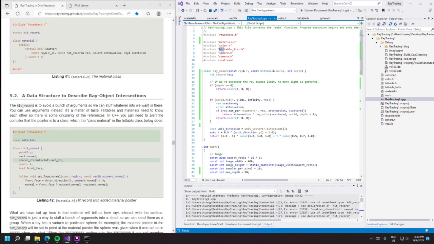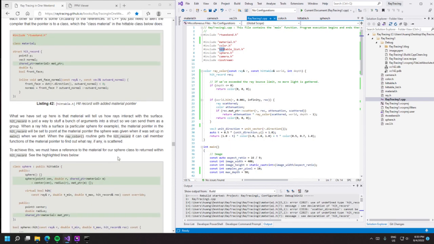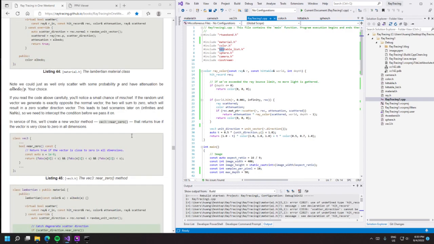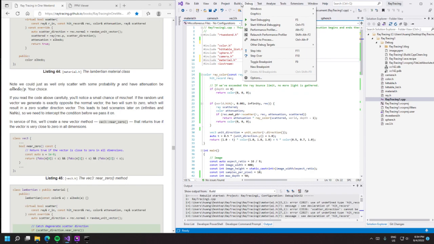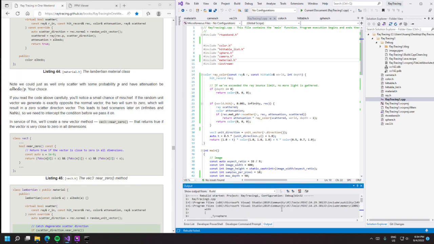Or did we not do anything to the main function? Oh, okay, that's okay. I knew it was a really stupid one. Well, there's still some problem, but it's not the same problem at least.